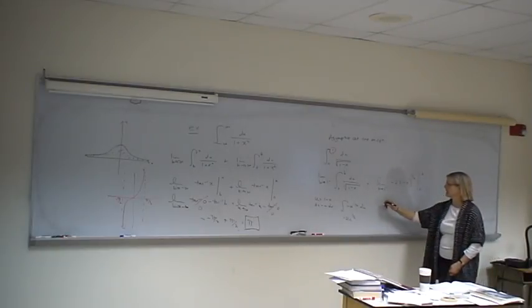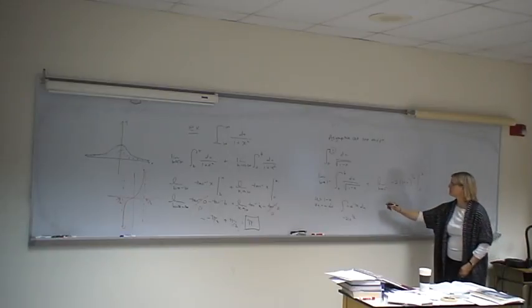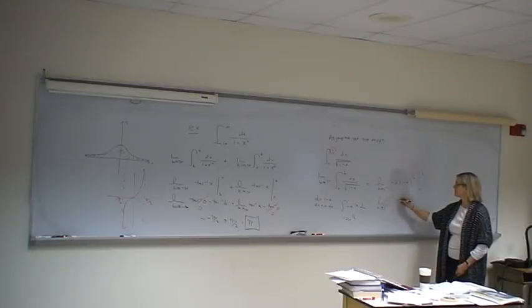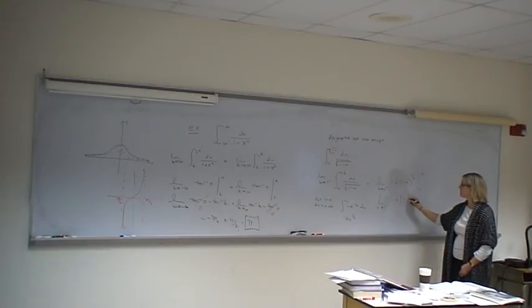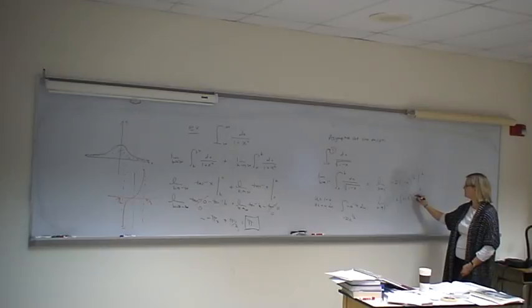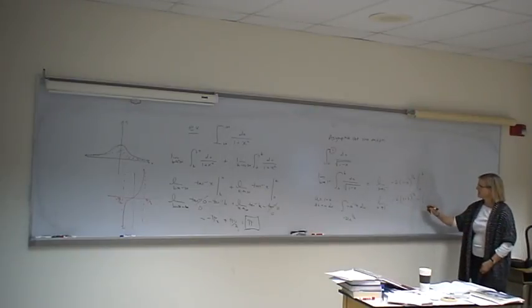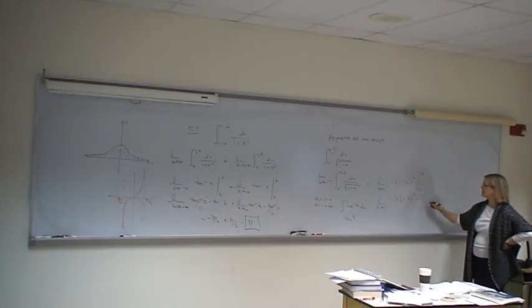So let's plug in b: the limit as b goes to 1 from the negative of negative 2 times 1 minus b to the 1/2, minus, we still have a negative 2 up front, 1 minus 0 to the 1/2.